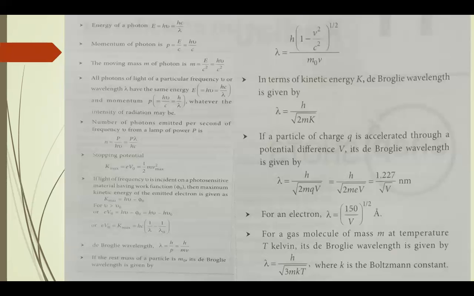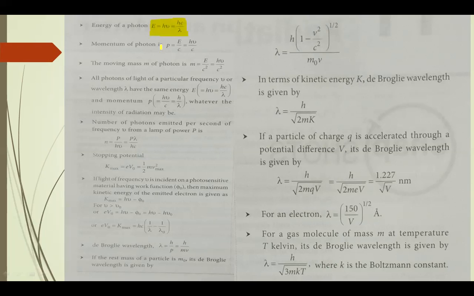Here the very important thing you have to remember is the energy. The energy of a photon is given as E is equal to h nu, that is equal to hc by lambda.